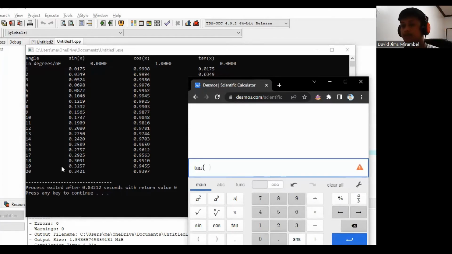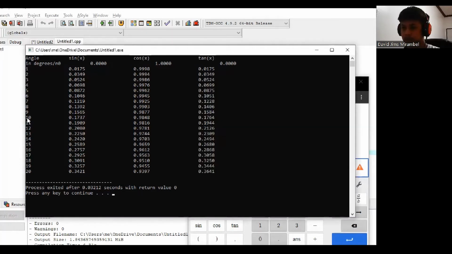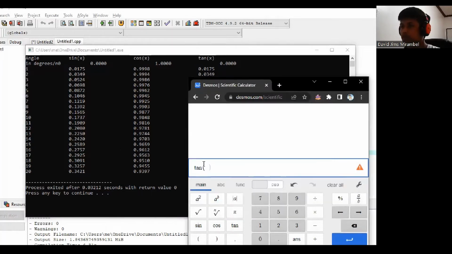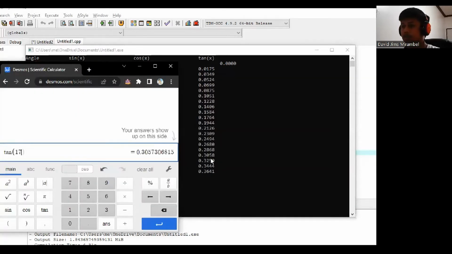Let me substitute one of these values. We take for example 17, and the answer is 0.30. It's accurate, so you can always refer to these lists.